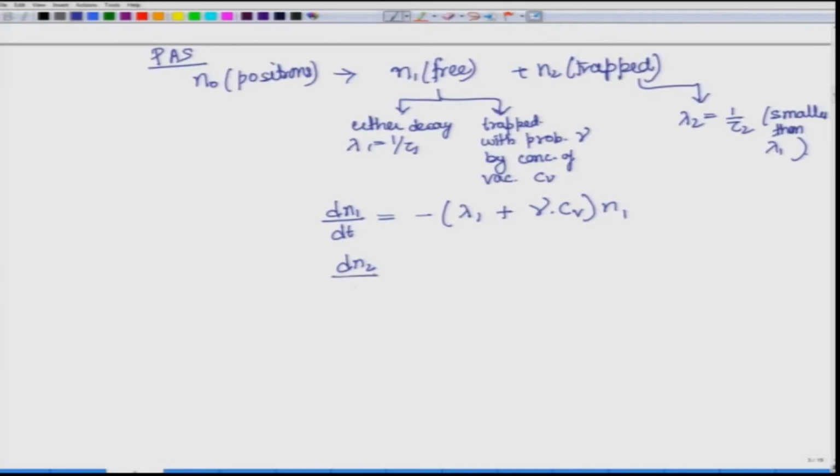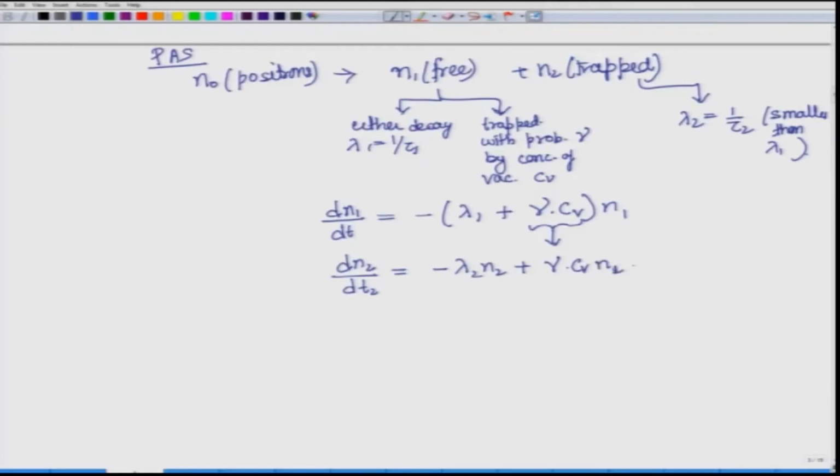On the other hand, dN2 by dt, which is already trapped, it is only decaying, and therefore, this has a minus lambda 2 N2 term, where lambda 2 is the rate constant, and plus this quantity that you see over here is the trapped one, which is actually getting transferred or converted to this N2 form. So, there is an increase in this number.